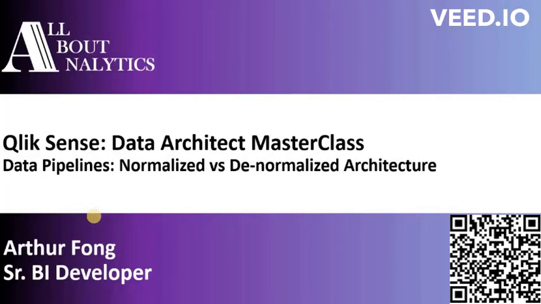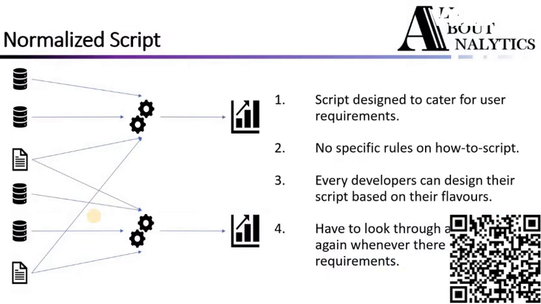Today we're going to talk about the downfall, or the bottleneck, of normalized data pipelines versus the advantages of using denormalized data pipelines when we are building our data models. Now as we can see here, there are a few challenges that we face when using normalized data pipelines when building our scripts, because the script design only caters to the current user requirements, right?